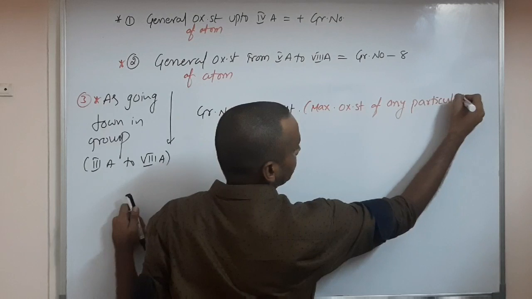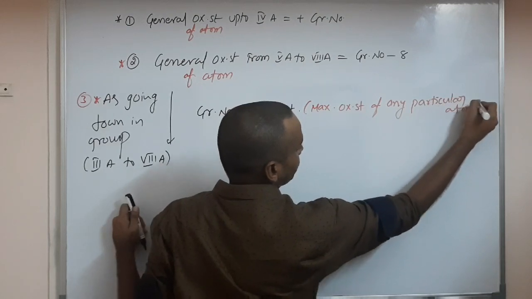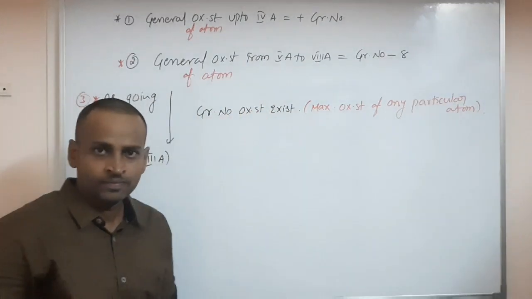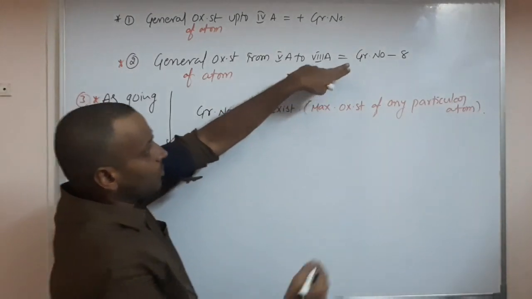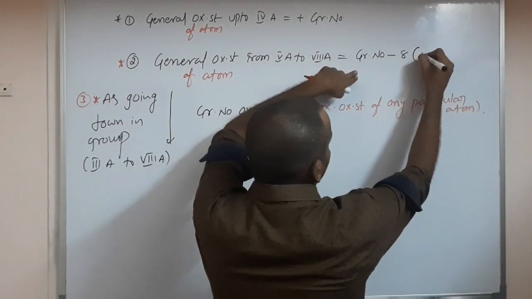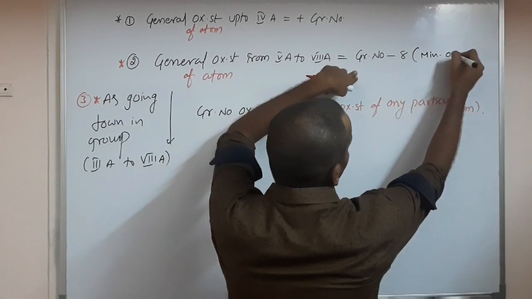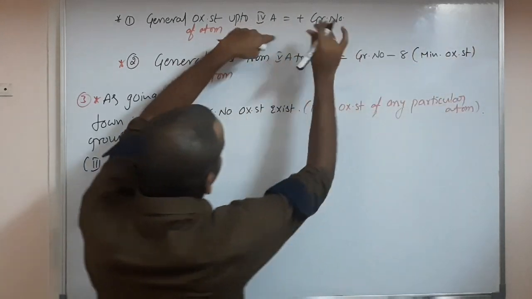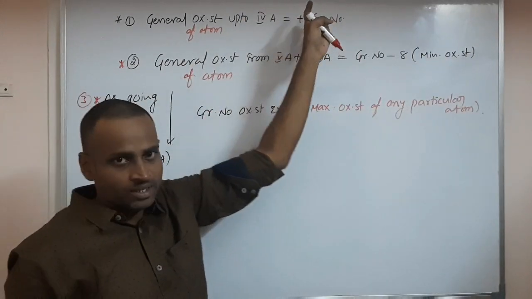This is a very, very important thing. And group number -8 is the minimum oxidation state.